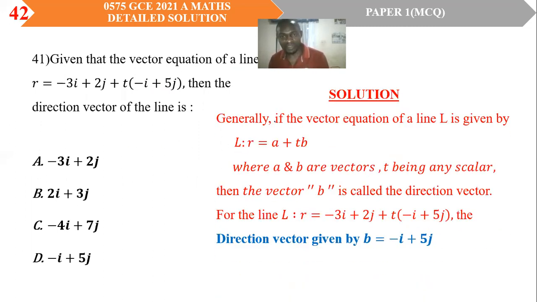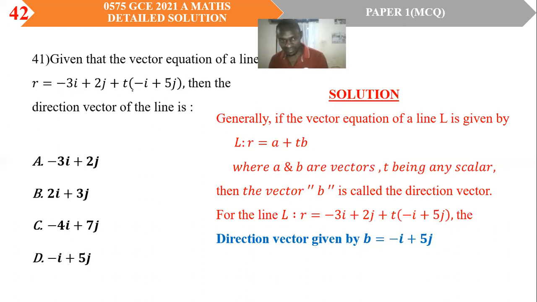Generally, if the vector equation of a line L is given by r equal to A plus tB, where A, B are vectors, t being any scalar, then the vector B is called the direction vector.